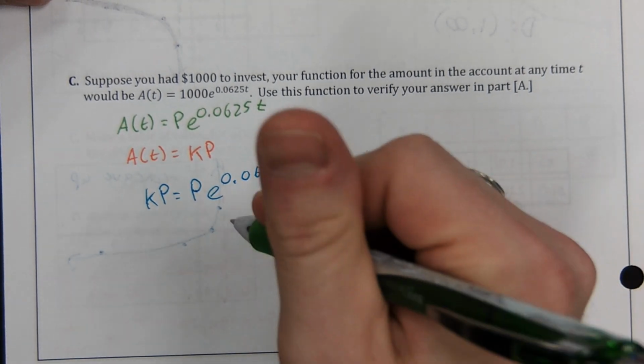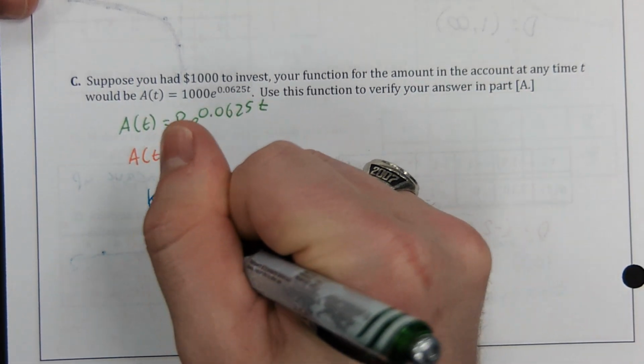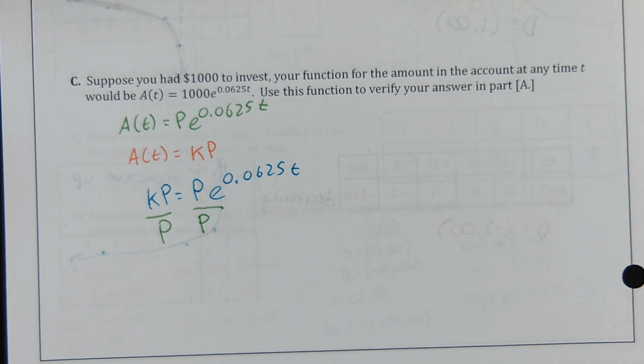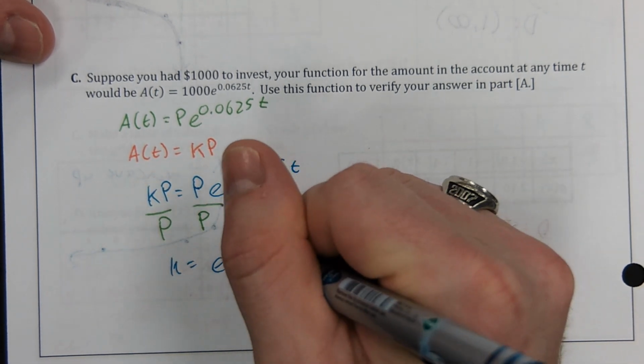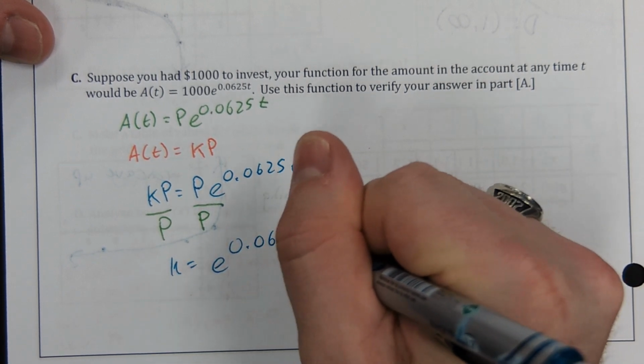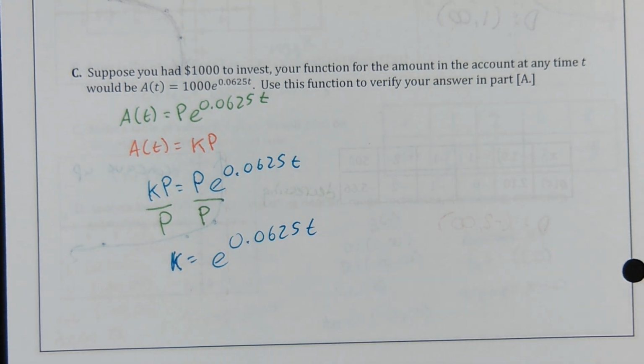Because the very first thing you're going to do, someone please get the door, the very first thing that you're going to do is divide both sides by the principal amount, and it will cancel off of both sides. That's why we could make p any number we want. That gives us k equals e to the 0.0625t. That pesky e, how do I make e go away? Lots of people said it, which is great.